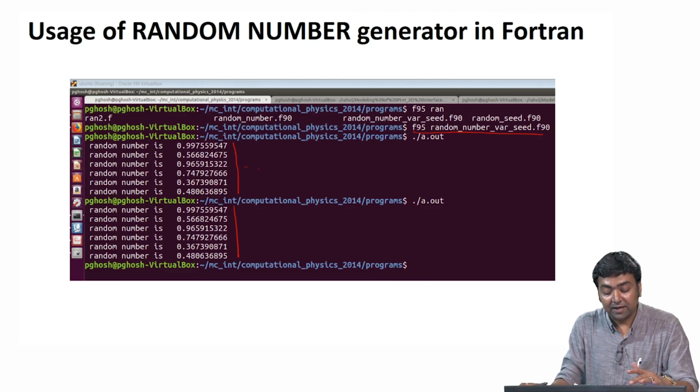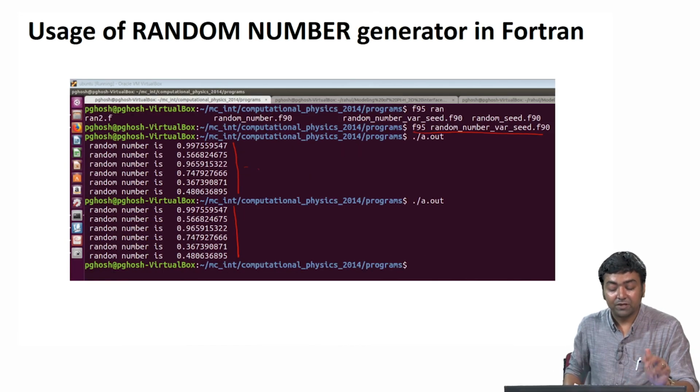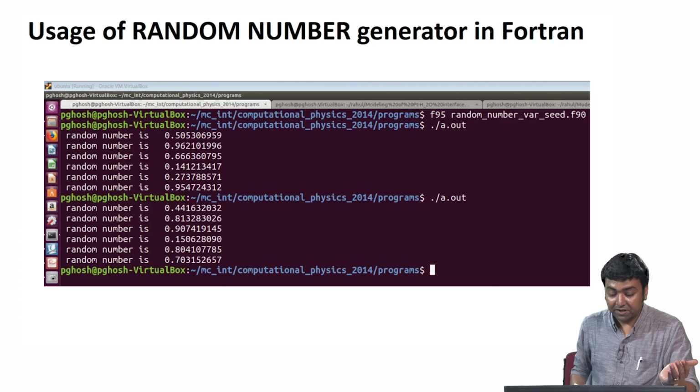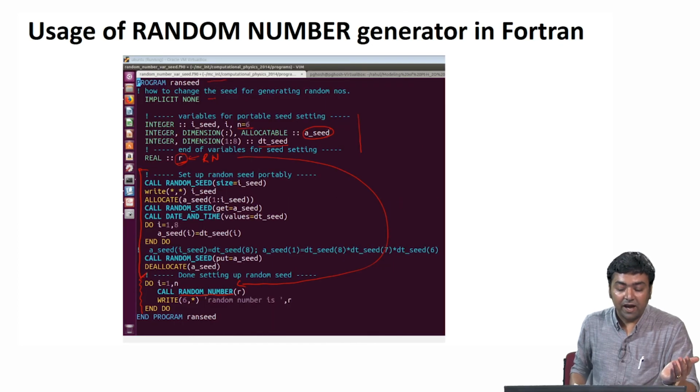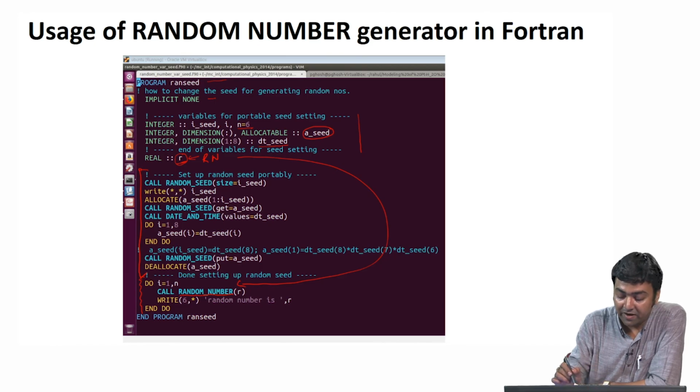So, what this tells us is that since I am not changing the seed which is being used to generate this set of random numbers, every time for the same seed I get the same set of random numbers. Then the question is, how do I change the seed? This is one way in which it can be done.